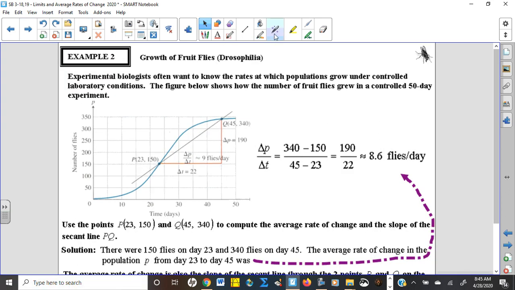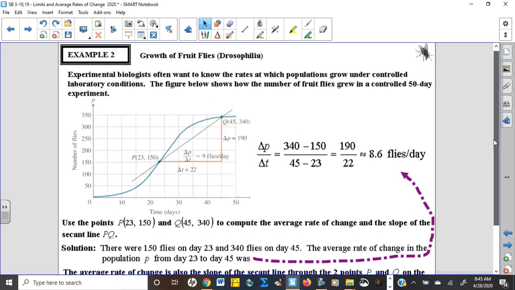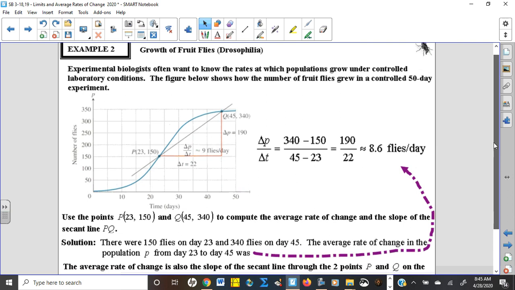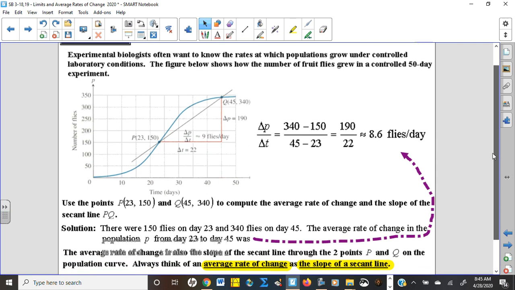I see. We're doing a problem about flies. Now that explains it. So what do we got here? Fruit flies. Experimental biologists often want to know the rates at which populations grow under controlled, that's better, laboratory conditions. The figure below shows the number of fruit flies that were grown in a controlled 50-day experiment.